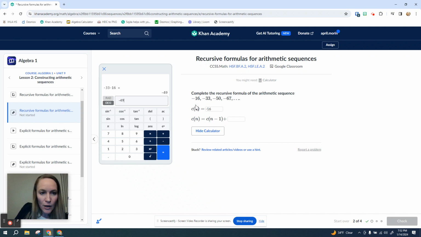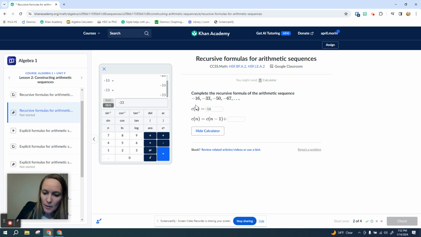Oh, we want the opposite sign. Negative 33 plus 16. Okay. Negative 17. So am I subtracting 17 each time? So that's what I want to know. If I have negative 33, do I subtract 16, 17?